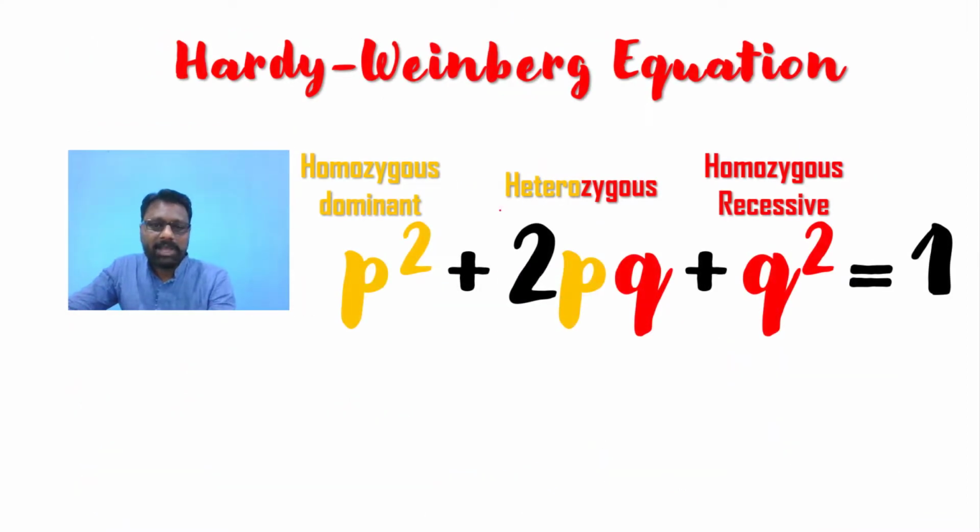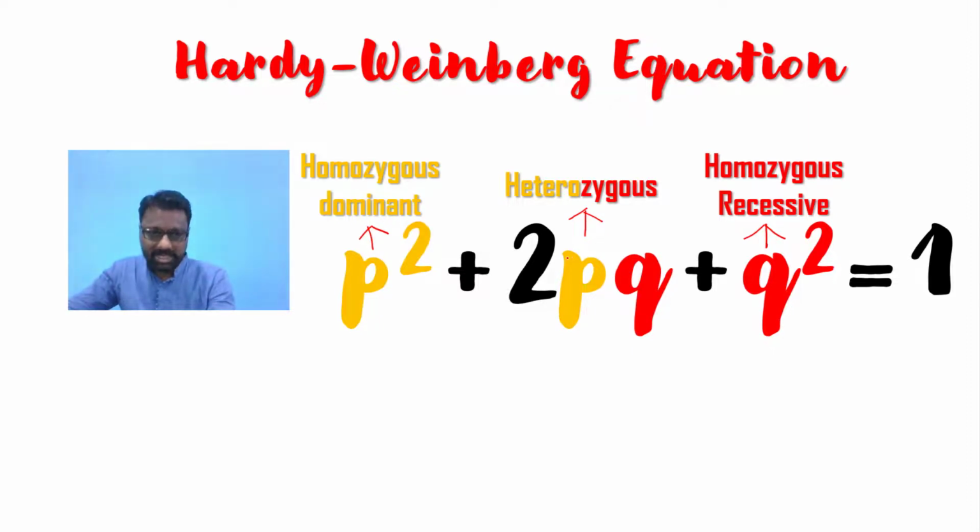Now, when we look into the Hardy-Weinberg equation, p square plus 2pq plus q square is equal to 1, p square always deals with the homozygous dominant alleles or genes, and q square always deals with the homozygous recessive alleles, and 2pq deals with the heterozygous genes or alleles which are present in the population.